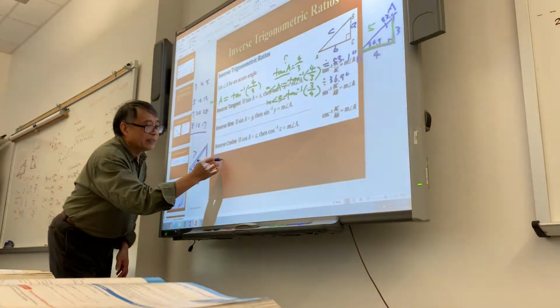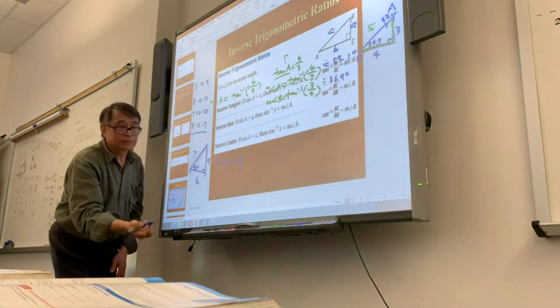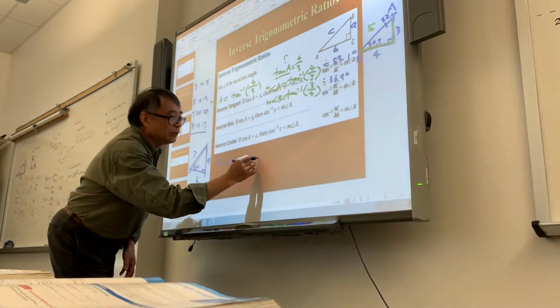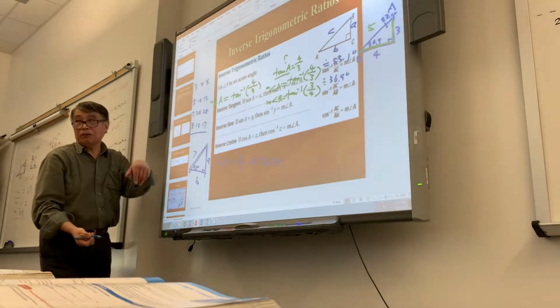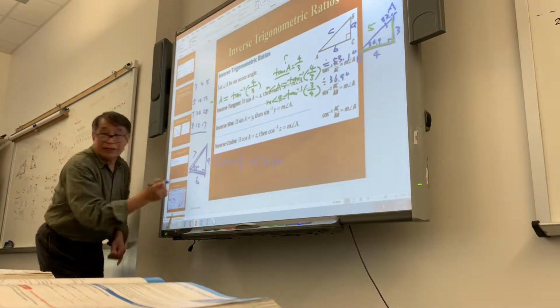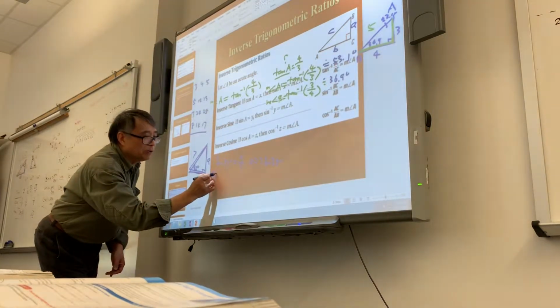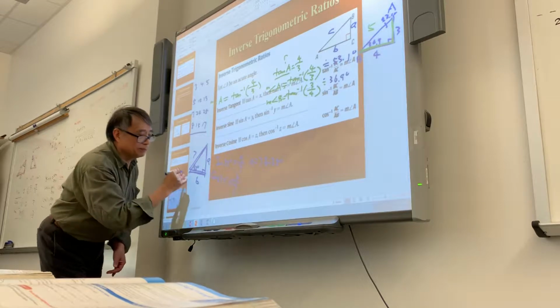So sine 35 degrees equals A over 7. Multiply by 7. A equals 7 sine 35 degrees. If you have no calculator, just leave it there. How to find B? Adjacent and hypotenuse. You have cosine 35 degrees equals B over 7.